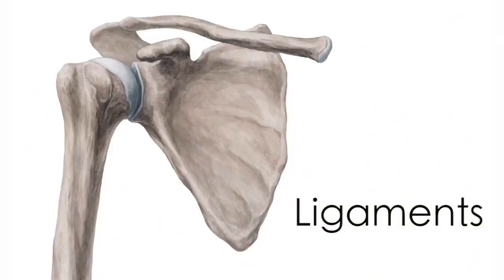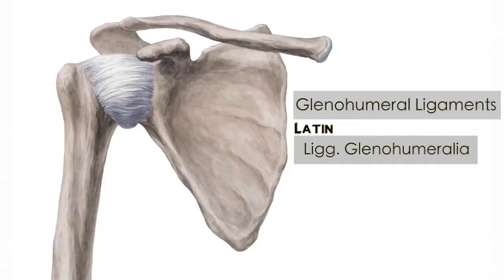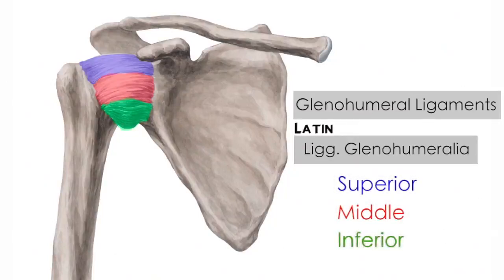So now it's time to talk about the ligaments that strengthen and stabilize the shoulder joint. There are 6 that we're going to talk about in this tutorial. The first one is the glenohumeral ligament, as you can see here. This is also divided into 3 weak bands of fibrous tissue: the superior, the middle, and the inferior glenohumeral ligaments.